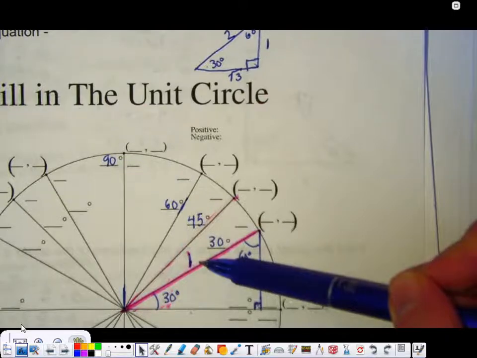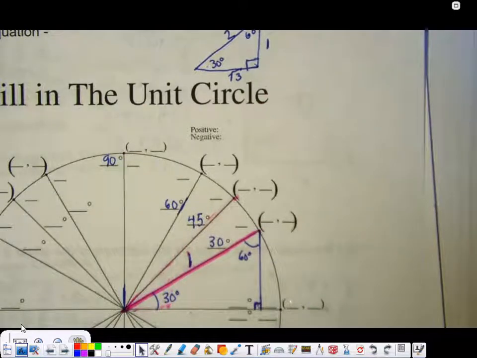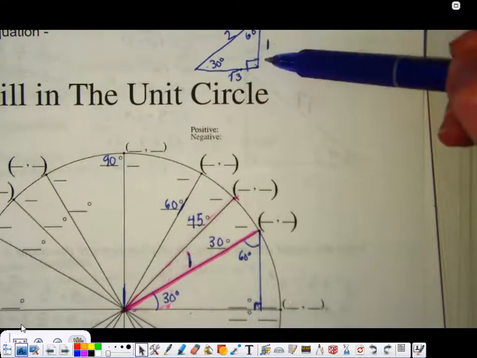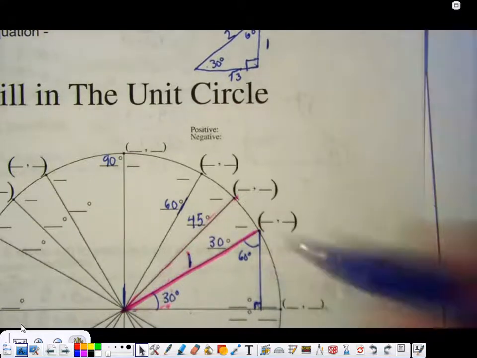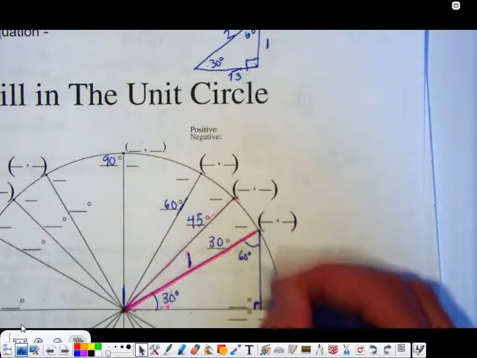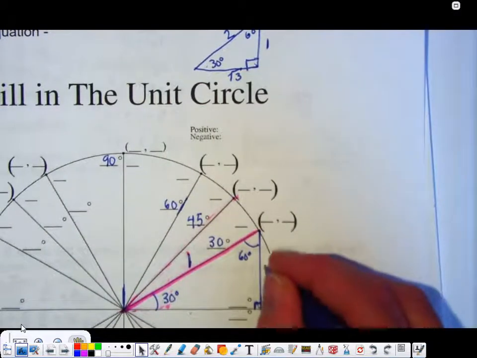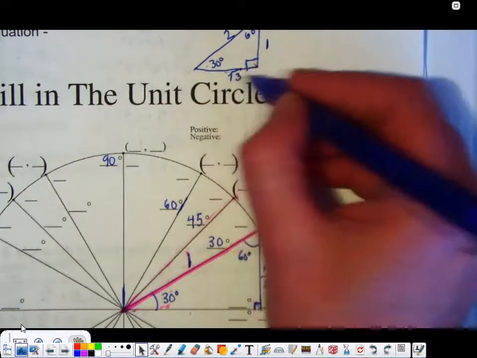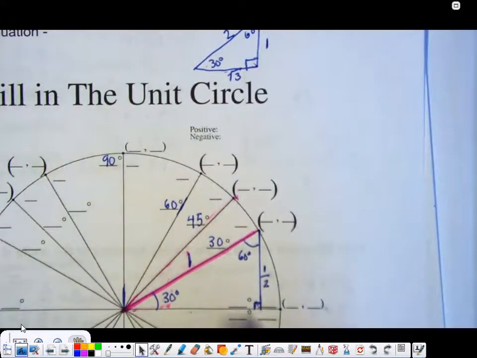What's that? Excellent. Now this is 1, so this one's half as big. So how big do you think this side is going to be? A half. And this bottom part is square root of 3. So how big do you think this bottom part is?